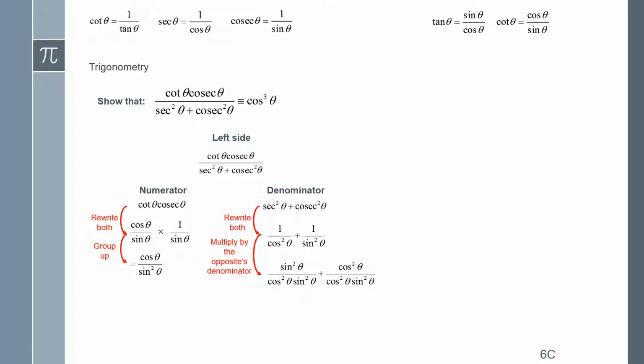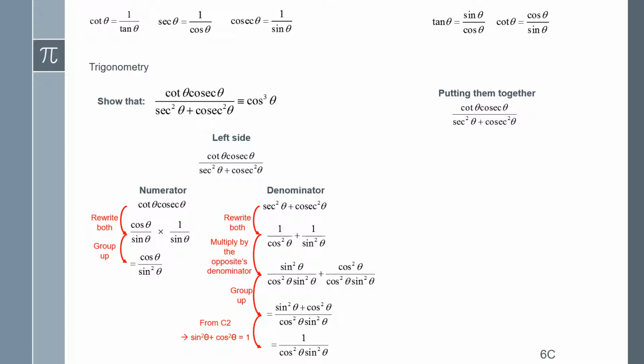So we times it by the opposite denominator, sine squared over cos squared sine squared plus cos squared over cos squared sine squared. We can then add it up to be sine squared theta plus cos squared theta over cos squared theta sine squared theta. And then we can realise, aha, the numerator is sine squared plus cos squared, so that's the same as 1. It's an extension of Pythagoras, so it's 1 over cos squared theta sine squared theta.